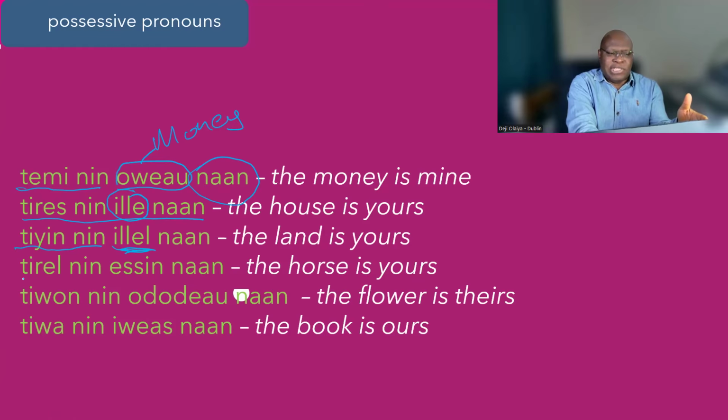Then tiẹ ni ẹṣin. Ni is or has. The horse belongs to him or to her. So this is actually not the right thing there.